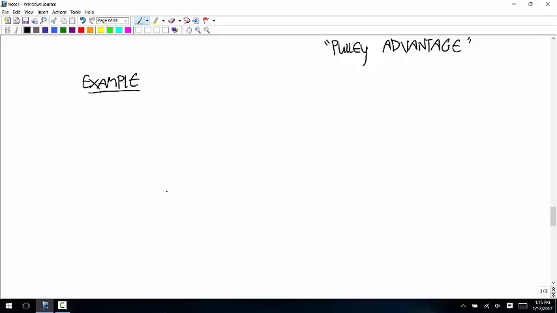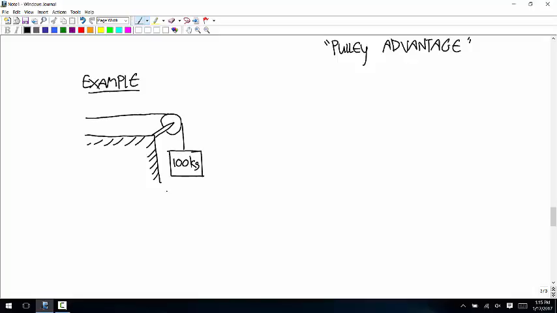Okay, let's do one more with a pulley. So let's say there's a pulley like this, and the cable is supporting a 100 kilogram mass. And the cable goes over the pulley and then connects to the wall.